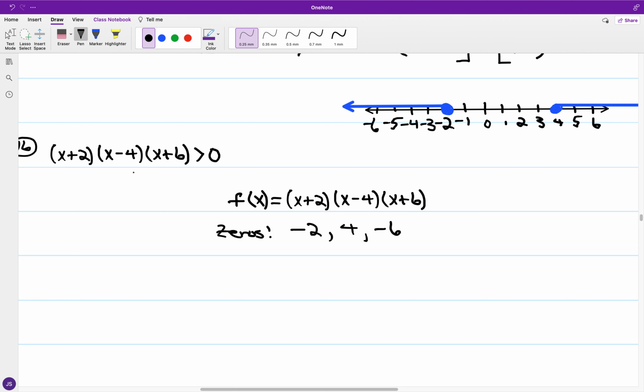Setting the stage to determine what set of values of x will comply with this inequality, we're looking at where f of x is greater than 0. With our interval sections, -6 is the smallest of the zeros.